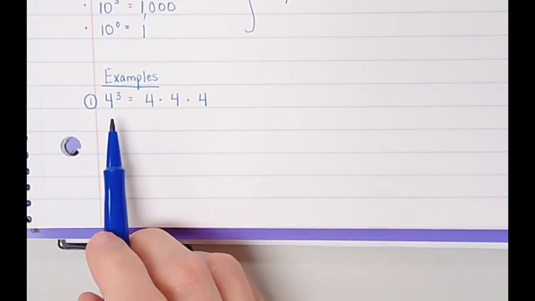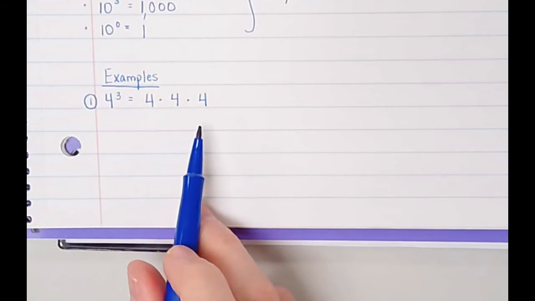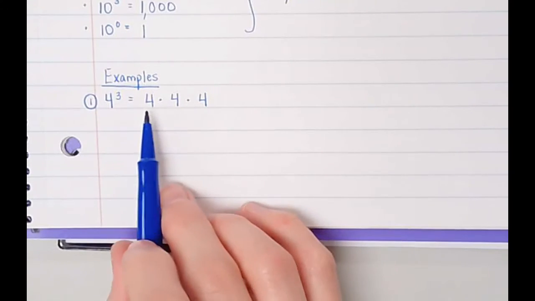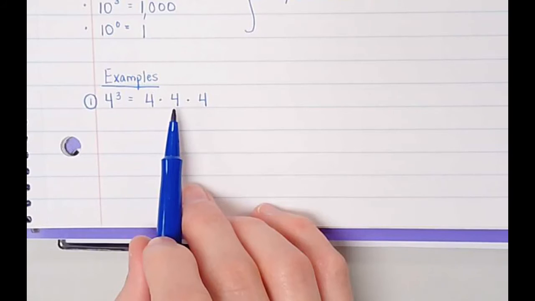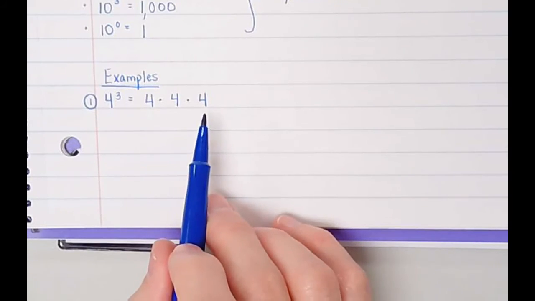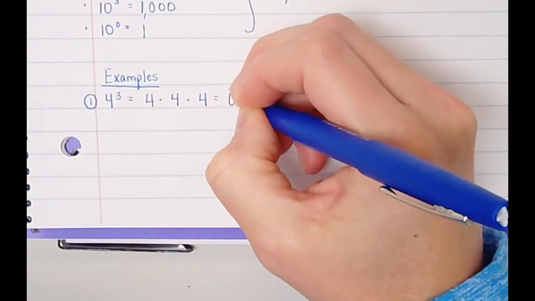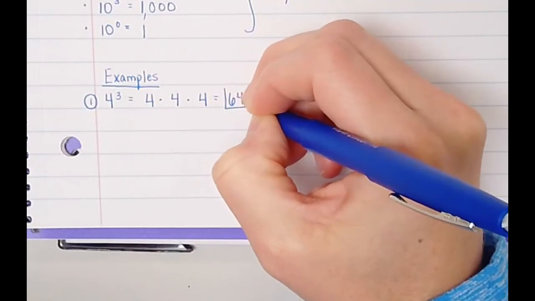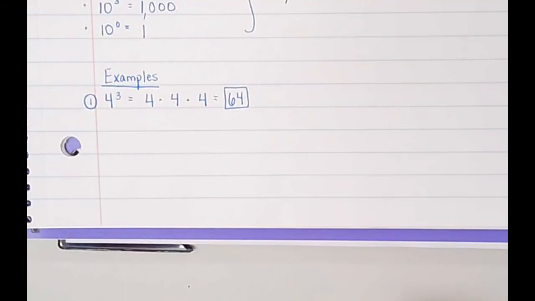But when you write it out, you can do it one at a time. 4 times 4 is 16. 16 times 4 is 64. And you are welcome to use a calculator. Okay?